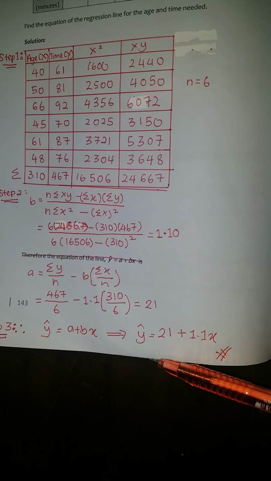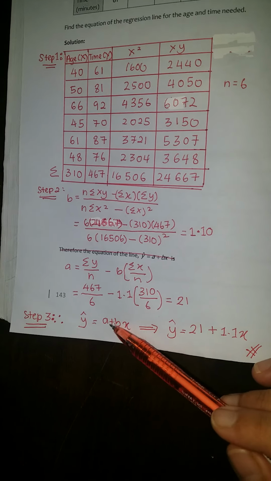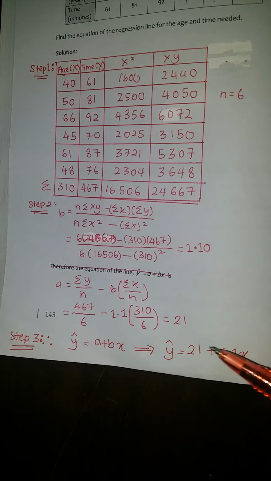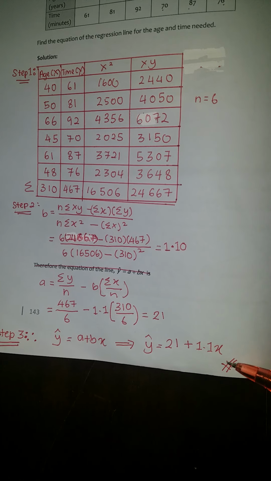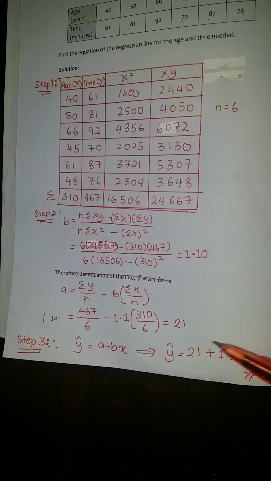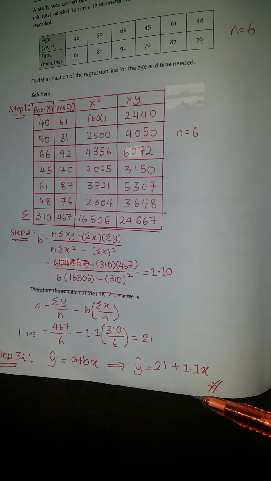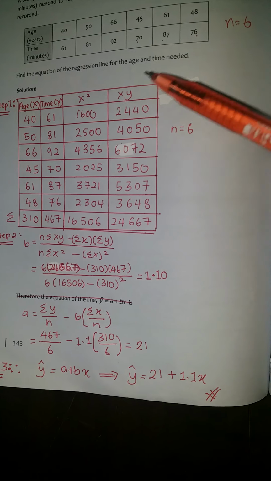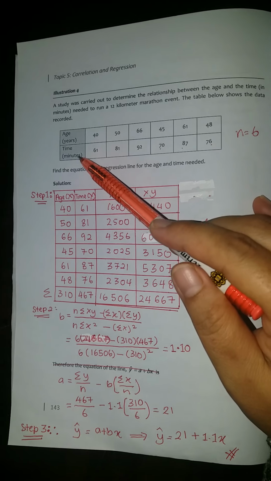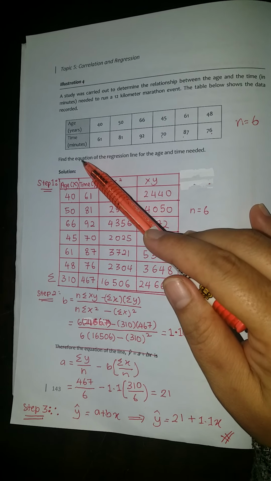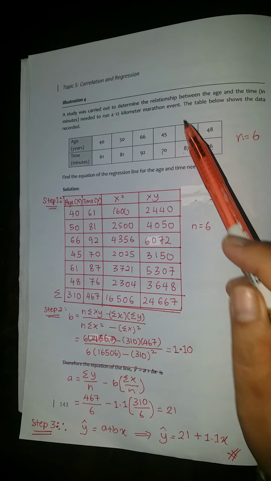So we will get y hat equal to 21, which is a, plus b is 1.1, so plus 1.1x. So this is the linear regression equation to describe the relationship between age and time needed to run a 12-kilometer marathon event.